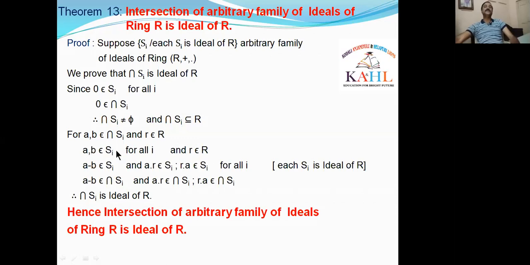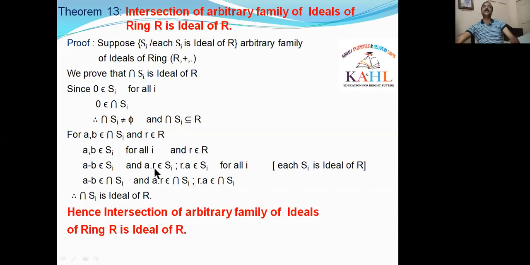a, b belongs to Si and each Si is an ideal. Students, kindly follow the cursor. Each Si is an ideal means, by the definition of the ideal, a minus b belongs to Si, a dot r belongs to Si, r dot a belongs to Si for all i. That means a minus b is in each Si, so a minus b belongs to the intersection of Si.